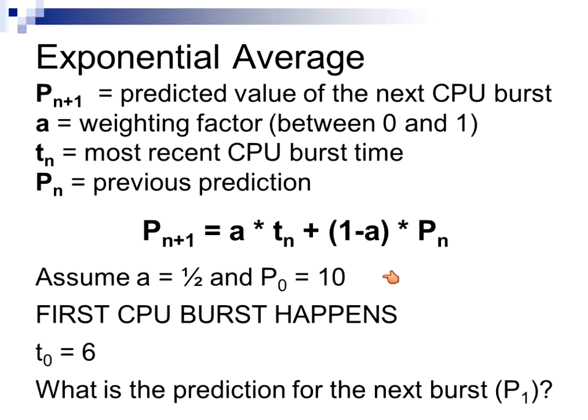Okay, so we're doing a couple things ahead of time, saying, let's just guess how long the first burst is going to be, and let's assume that we're going to weigh our past history and our recent history equally by making A equal 1/2. All right, and then when the first burst happens and it's 6, now we have to adjust our prediction for the next process. Okay, and that's what we're going to do here.